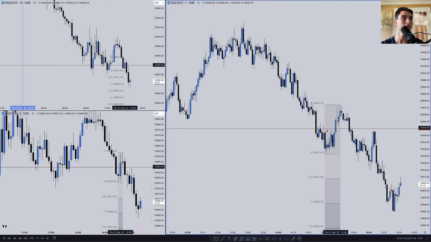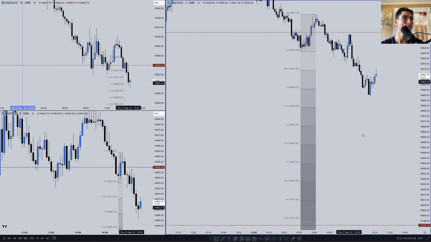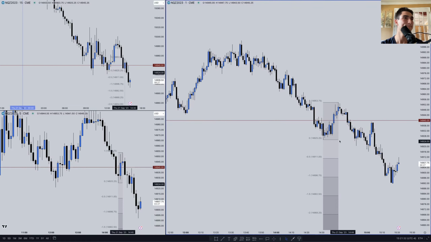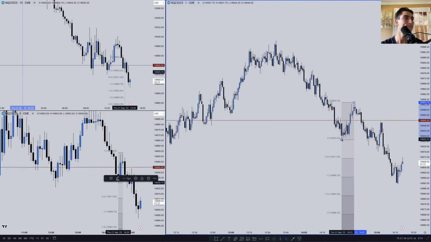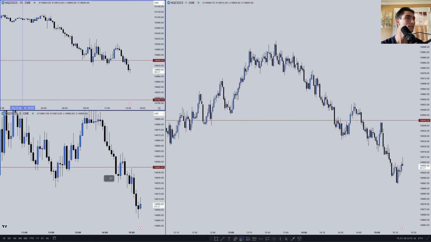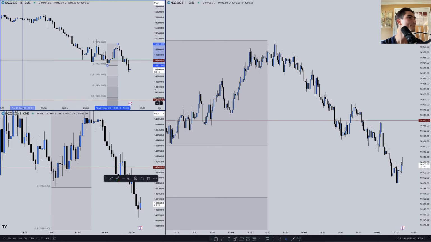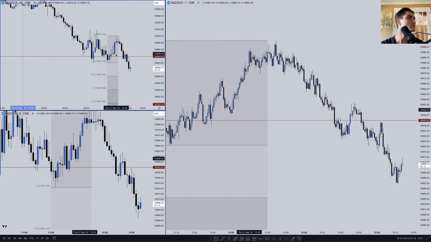Just pulling up some fib projections here for the move lower.